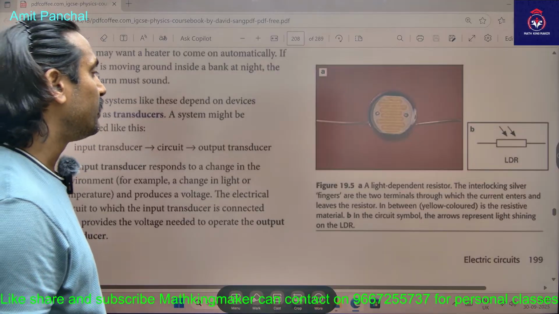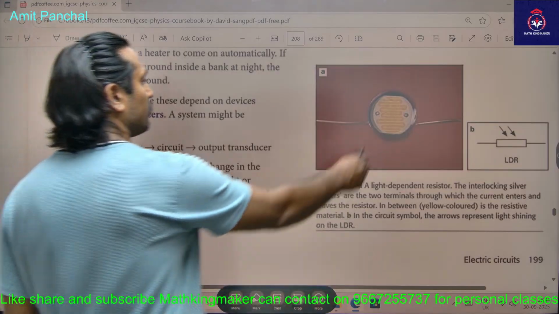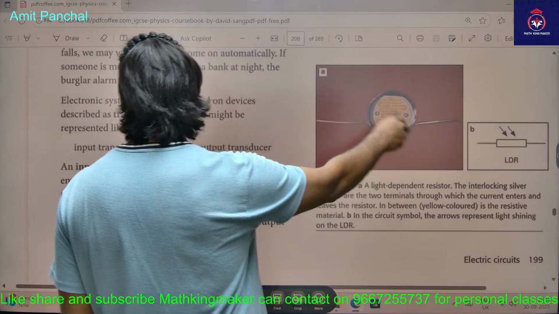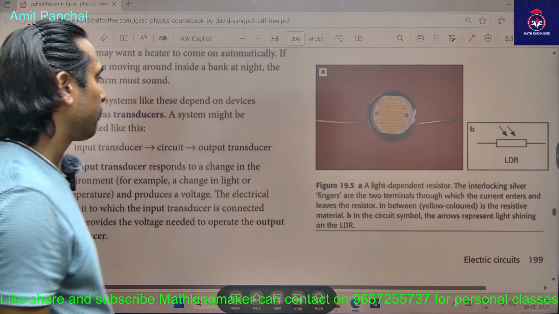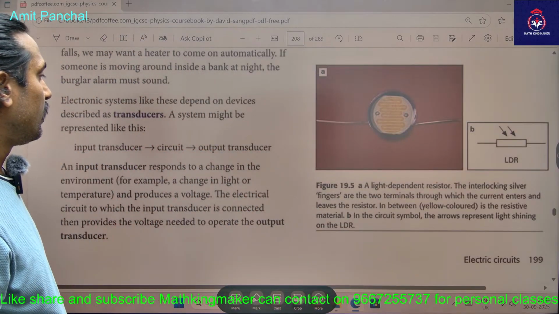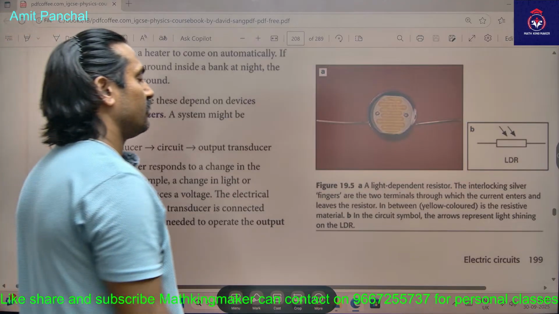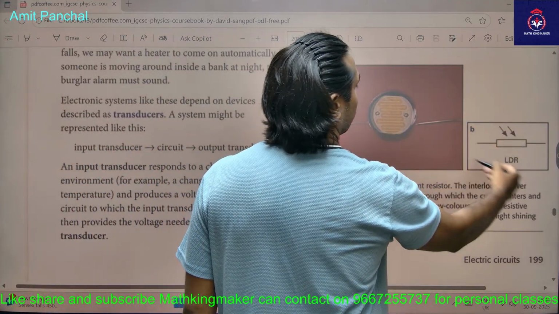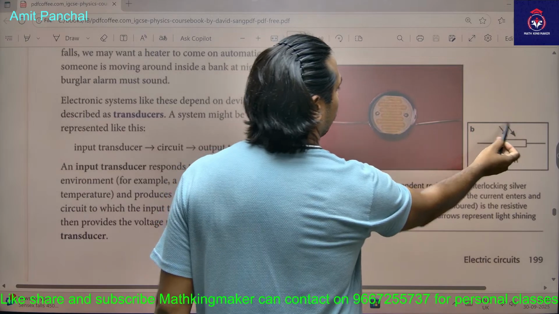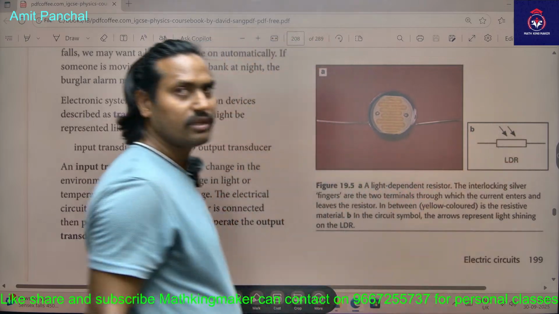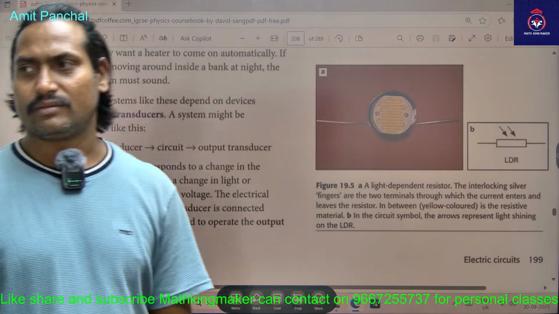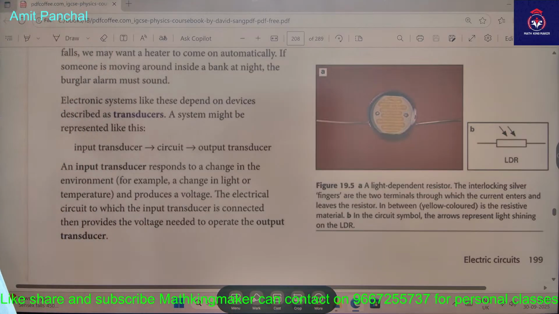In between, the yellow colored part is the resistive material. And this is the circuit symbol of the LDR, with the arrow showing the light.